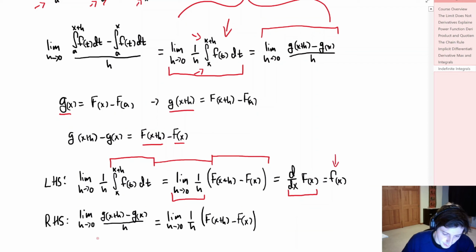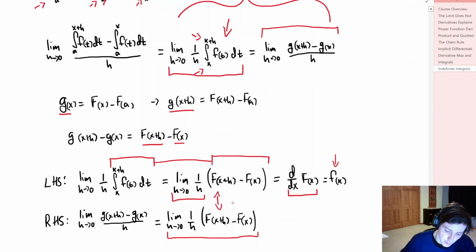Now on the right-hand side, where we had the definition of the derivative of g with respect to x, from what we found above, that equals the limit as h goes to 0 of 1 divided by h times the quantity f of x plus h minus f of x. Notice that both the left and right-hand sides have matching terms.